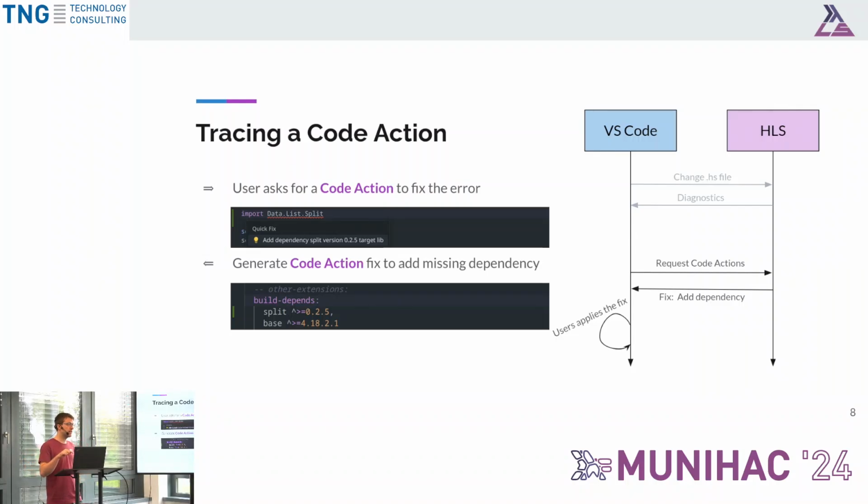What happens then is that VS Code will apply the change that was suggested by our Haskell language server and apply it to the local file. And afterwards, naturally, VS Code will then send a change notification to the Haskell language server, telling it that the cabal file has changed.